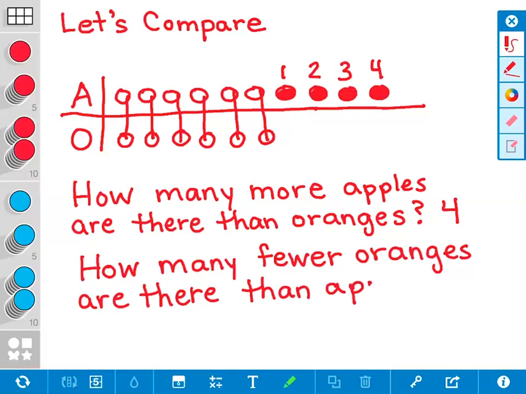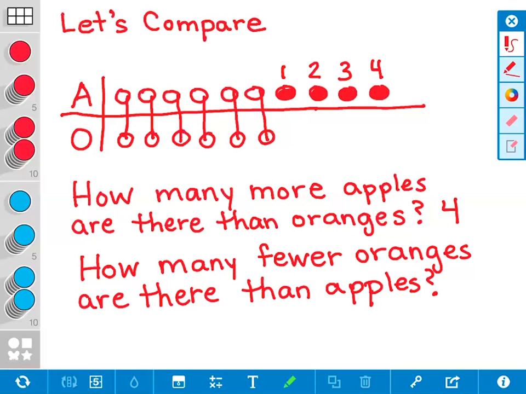So now I'm asking how many fewer oranges. So fewer means not as much. So what I'm asking is, how many are not as much as the apples?